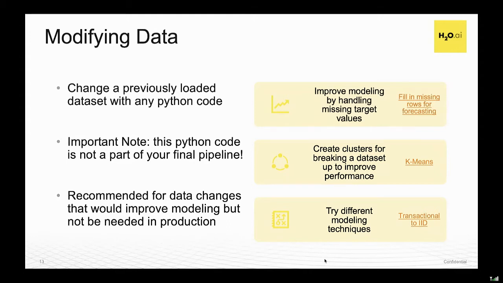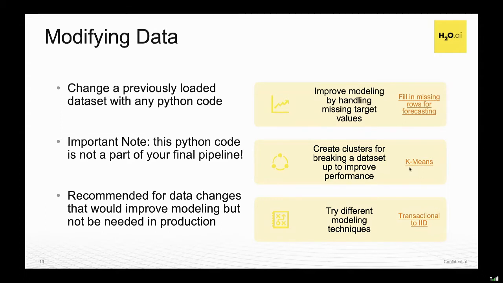It's not going to go to production anytime soon, but you're trying to see what might work or what might not. Those are the times when it would be really good to use a modifying data recipe. So here are some of the examples that might be interesting to you. One of them is if you have any rows that have a missing target value, they won't be modeled in Driverless AI because we don't know what the true value is.